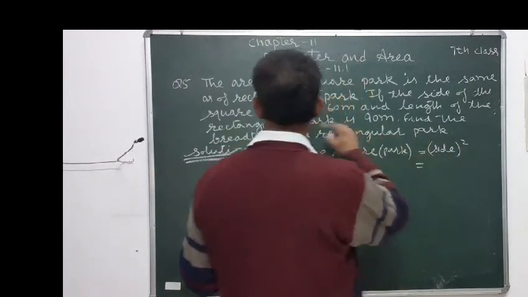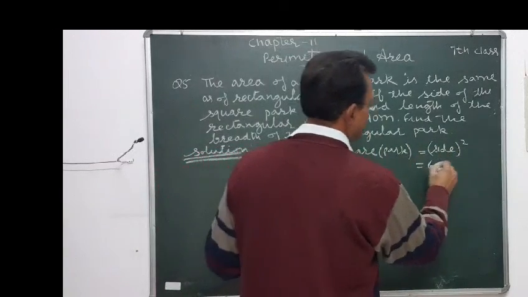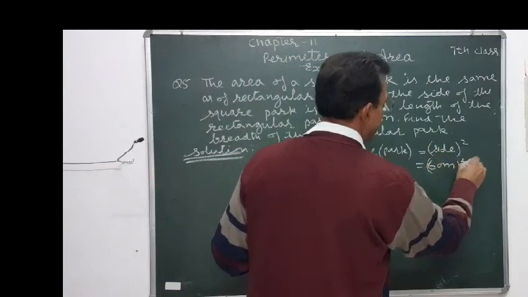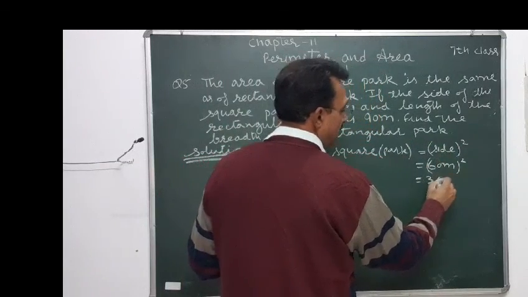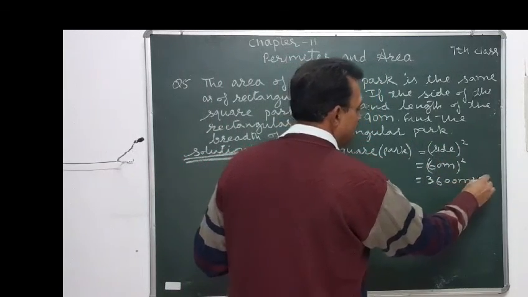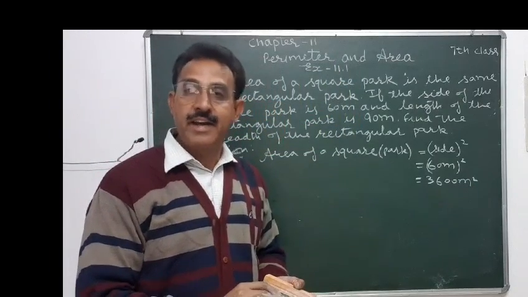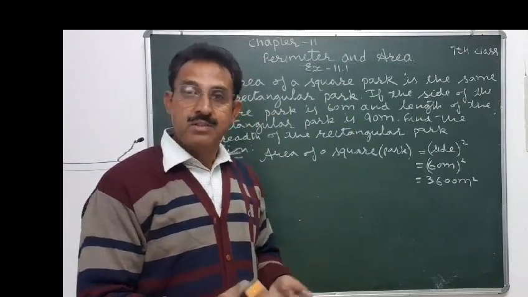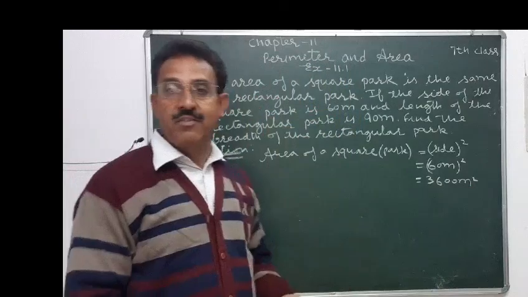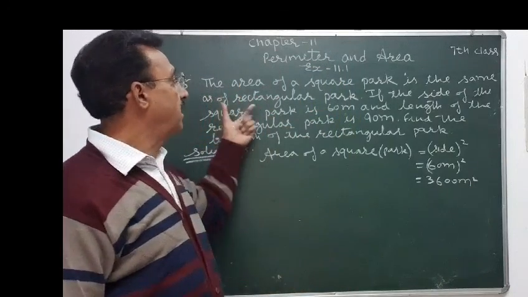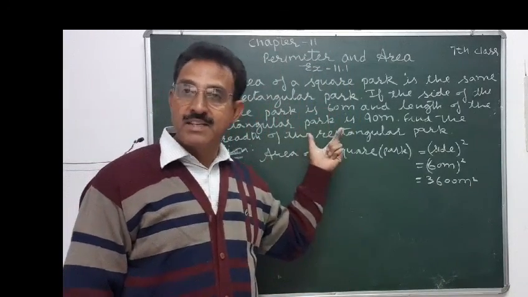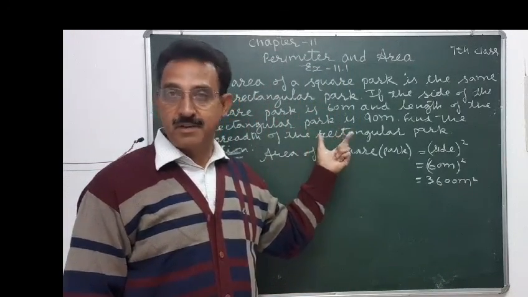So what is the side? 60 meter square. This is 3600 meter square, which is also the area of the rectangular park, because in the statement it's clearly given that the areas of square as well as rectangle are same.